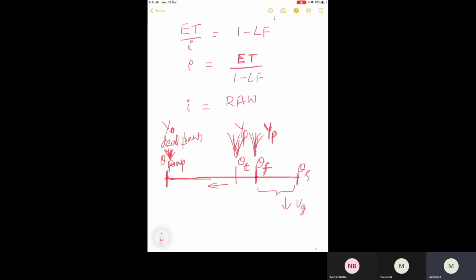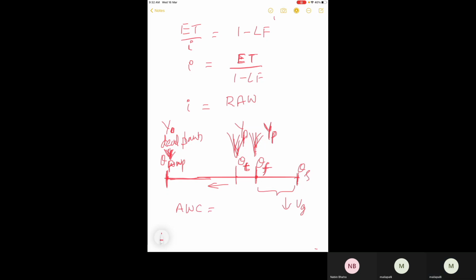Okay. So this is a threshold. Remember, this is a threshold. The threshold is important, and the moisture content at threshold we call RAW. That's readily available moisture content. Always you compare with the available moisture content, let's say AWC, available water content.